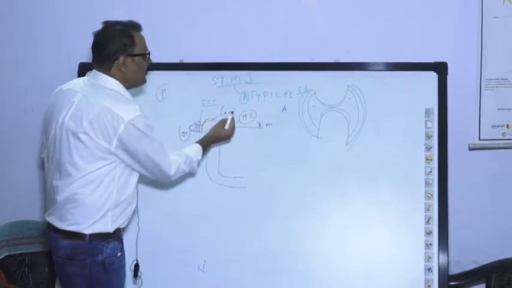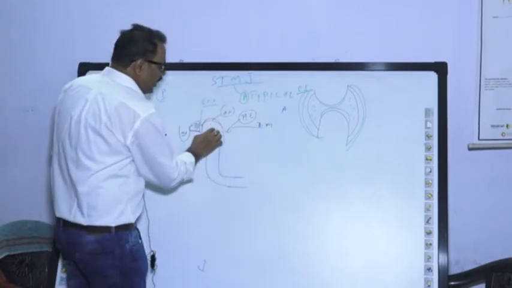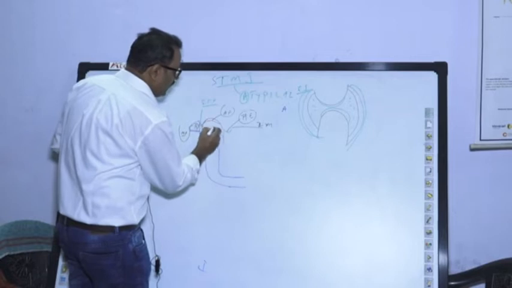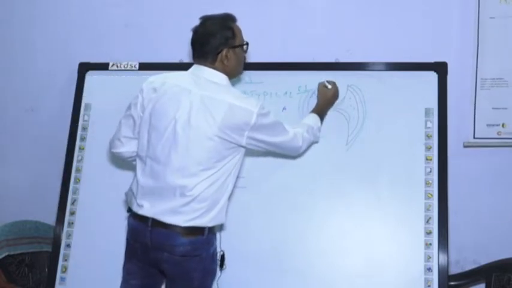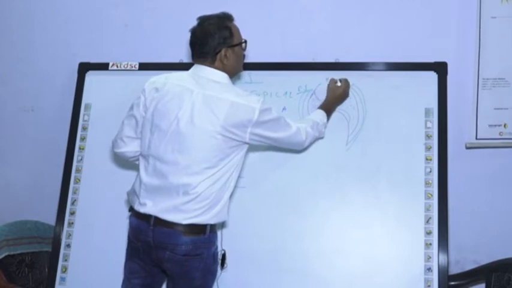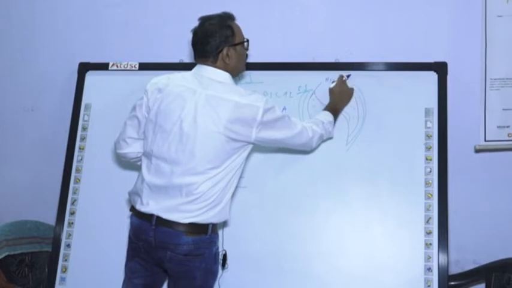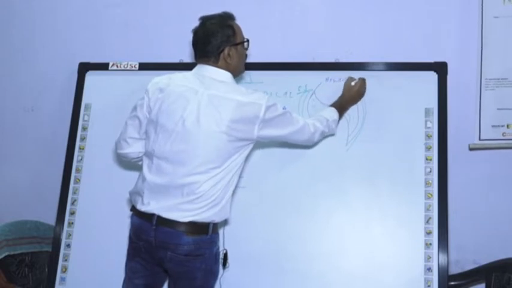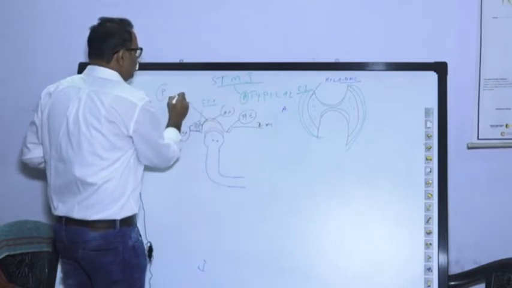Next one is the fibrous capsule. The nature of this articular cartilage is not hyaline cartilage, it is a fibrous cartilage.